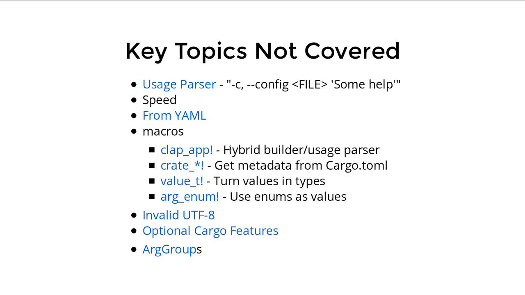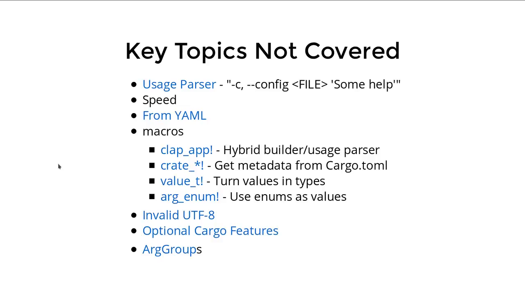There's also a bunch of crate_blank macros, such as crate_authors, crate_version, crate_description, crate_name. All of these things will pull the metadata from your Cargo.toml. That way your application struct stays in sync with whatever's in your actual Cargo.toml, such as your version, your authors array, things like that.